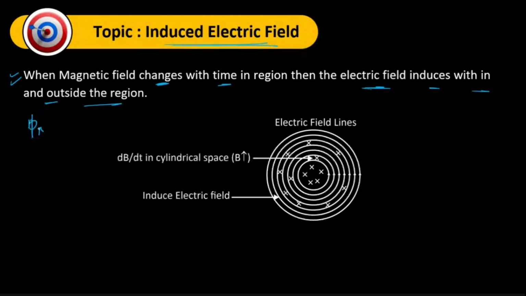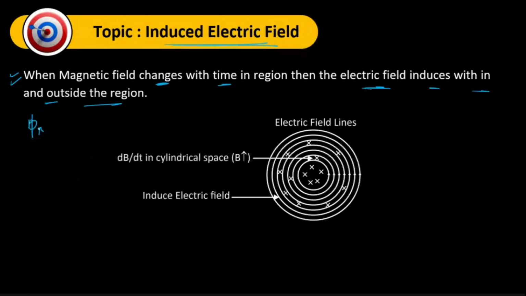If we are able to produce current, it means we have made charge in motion. It means there are charges, so there must be some electric field. And the reverse thing also goes the same. And that is how we can say that the induced magnetic field can produce or induce electric field as well.